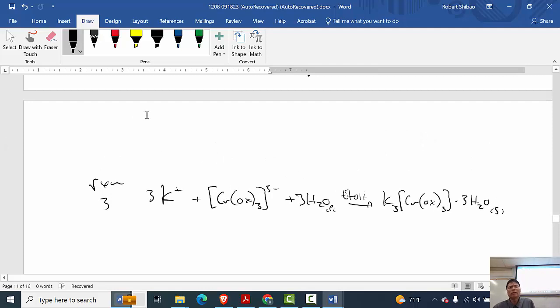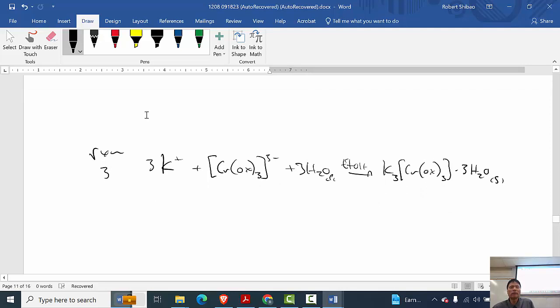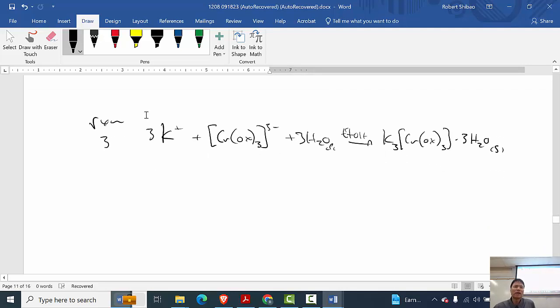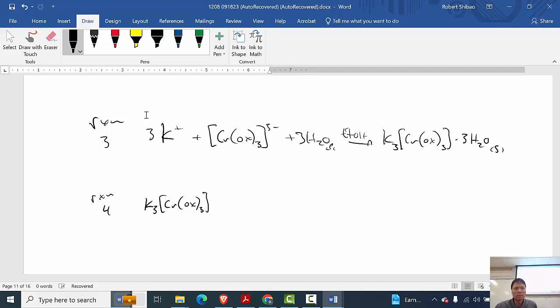So when we do this, we're doing these 3 reactions, maybe 4 if you count the recrystallization step. Let's look at reaction 4. This is metathesis, and reaction 4 is metathesis as well. In reaction 4, we take the precipitate, which we filter out here, the .3H2O solid, and then we dissolve that in a minimum of water.